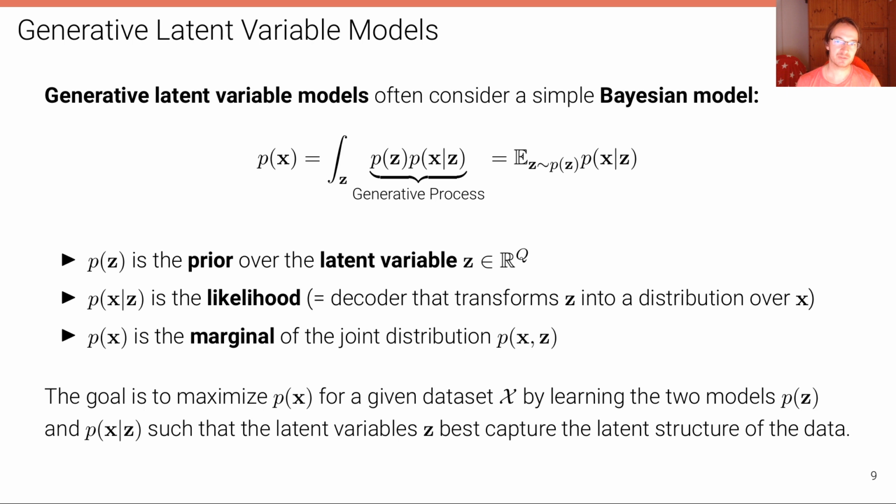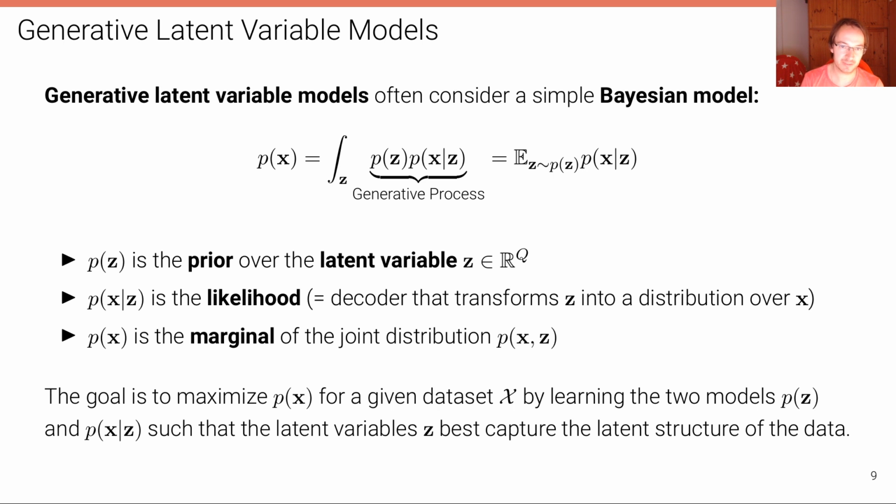Generative latent variable models often consider a very simple Bayesian model, a very simple Bayesian process. So here we see this process. If we assume a generative process where we have a prior on the latent space, P of C, and we have a likelihood that given a particular latent code C models a distribution over the data space, the observation space, then this is a generative process.